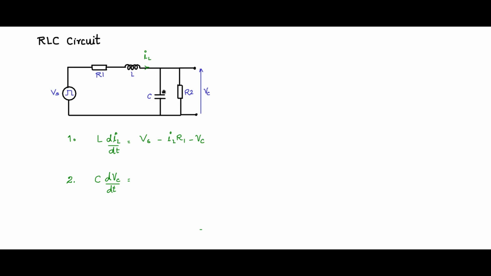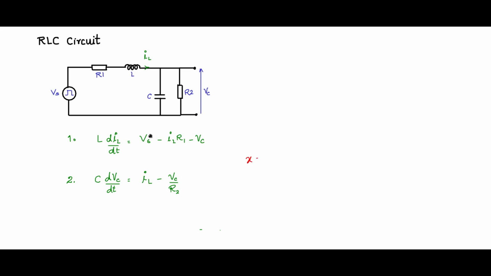The remainder will be the current that flows through C. This is by KCL. So the current through R2 is nothing but Vc by R2. So we can just write it down: IL minus Vc by R2 will be C dVc by dt.